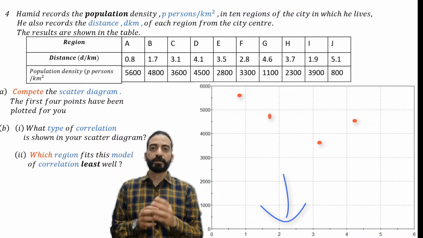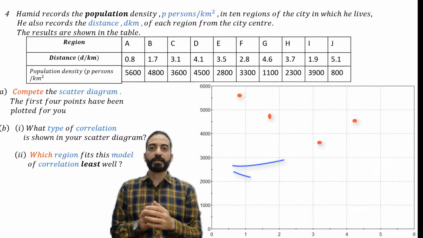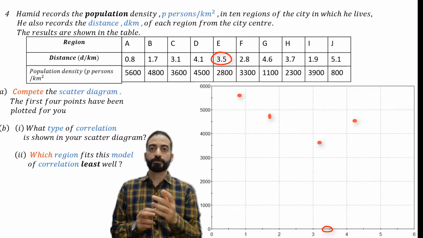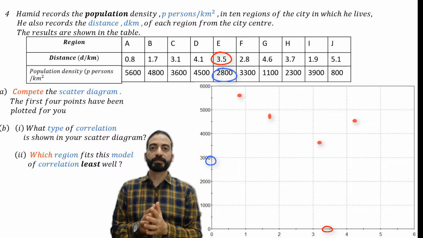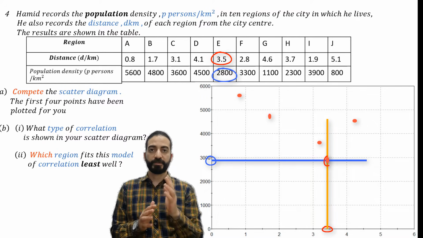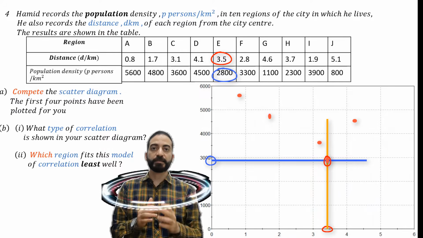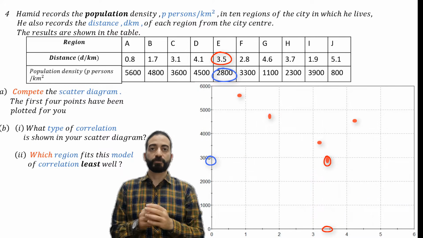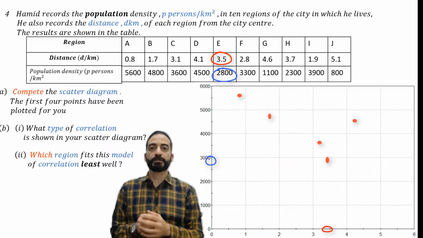This axis is d kilometers and this axis is p persons per kilometer squared. Here we have 3.5 in d kilometers and we have 2800 in p persons per kilometer squared. If we draw a perpendicular from these values, we will get this point, which is (3.5, 2800).